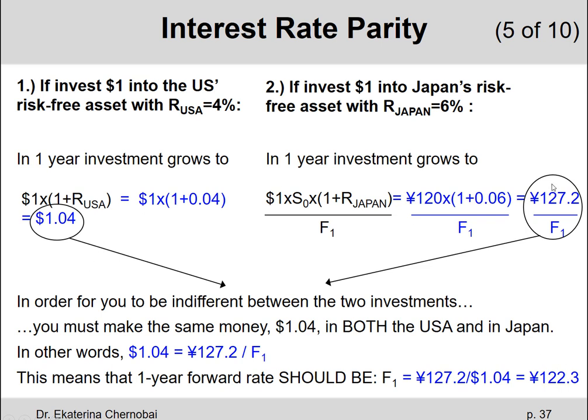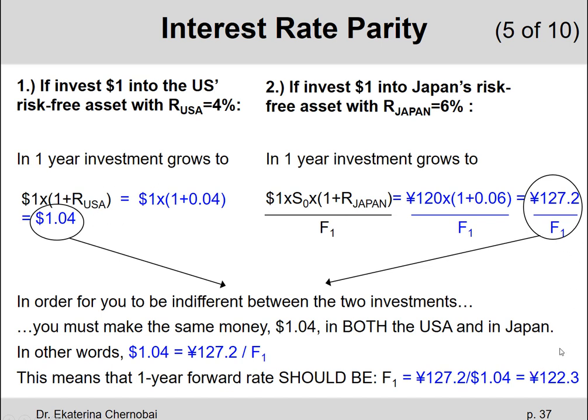Well, mathematically, if you look at where the 1-year forward rate makes a difference, it makes a difference for the investment made in Japan. So mathematically, if we divide 127.2 yen by a smaller number, we are going to get a bigger number as a result, which would mean that everybody would want to invest their money in Japan, where they would make more money after 1 year, rather than in the United States.